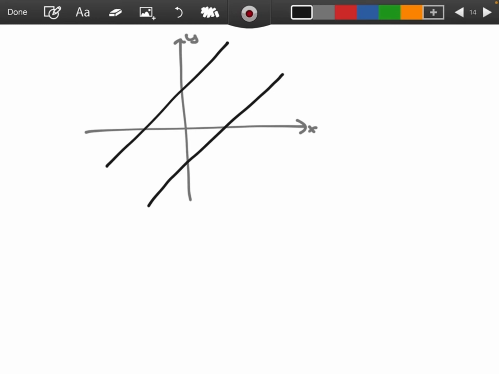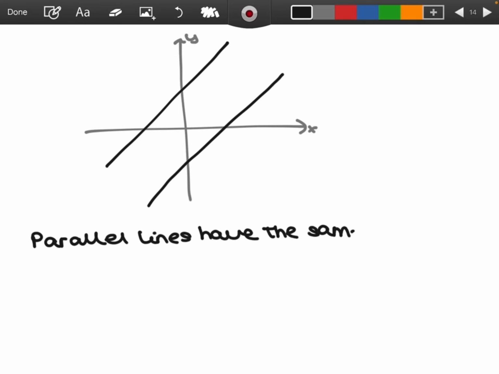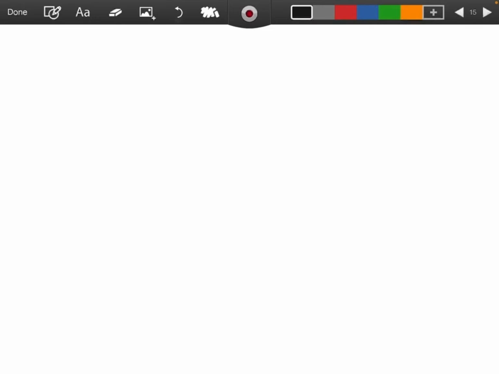In this case, these lines would have positive slope because they rise as you go from left to right. But whenever you have parallel lines, they will always have the same slope. So if one of these lines has slope m, then so will the other one. They both have the same slope.